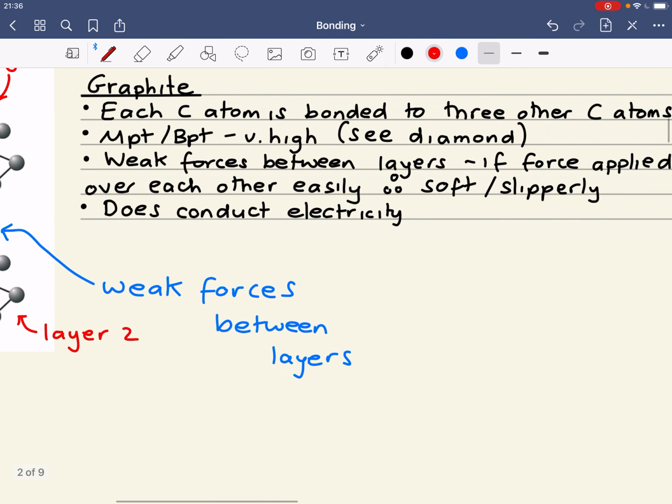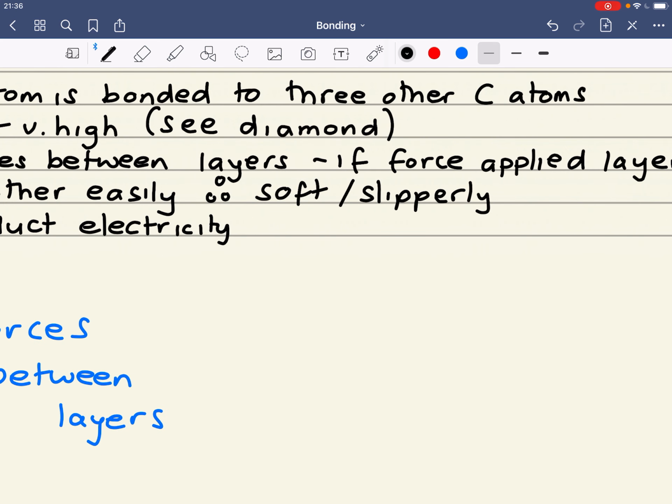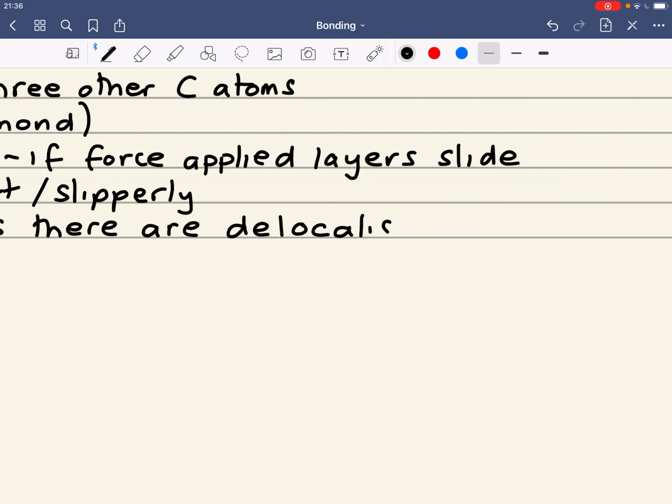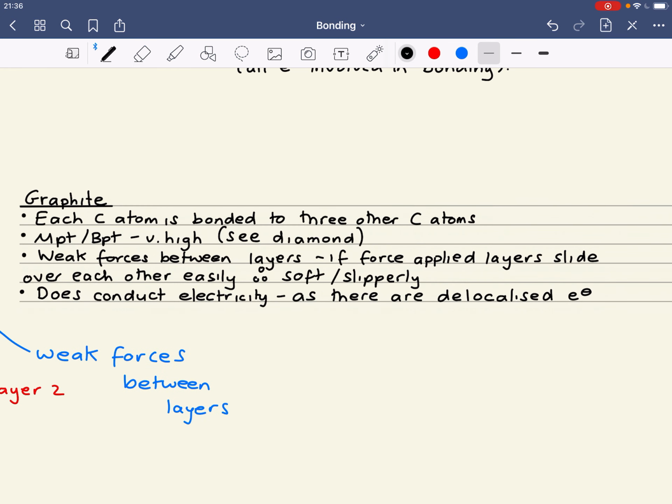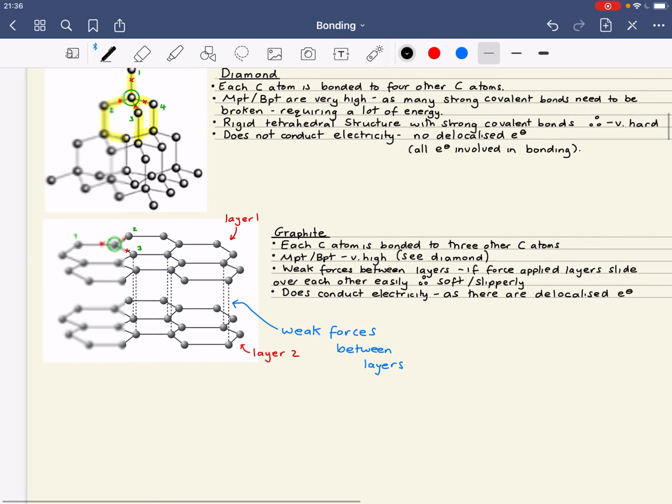So it does conduct electricity, as there are delocalized electrons. Again, you may have to explain why. You'd say each carbon atom is bonded to 3 others. That is, each carbon atom uses 3 electrons in bonding, and each carbon atom then has 1 electron which is delocalized throughout the structure.